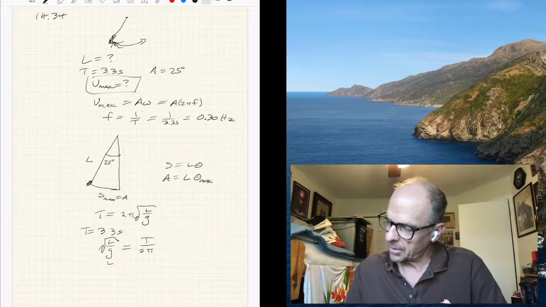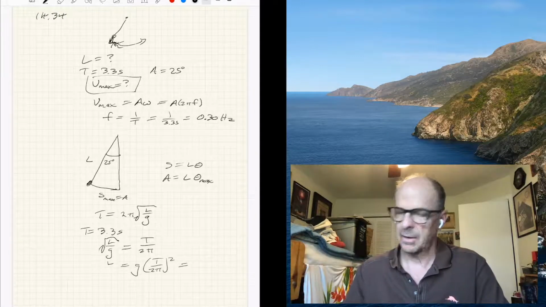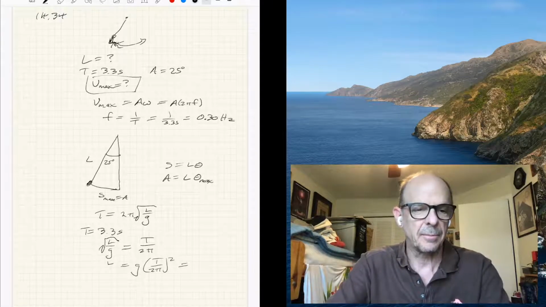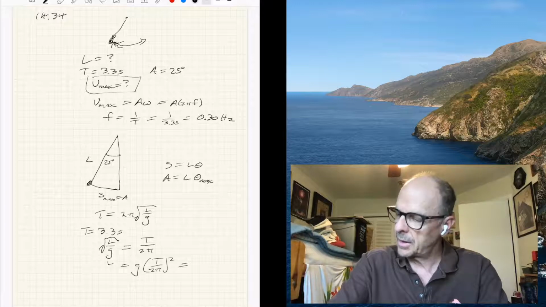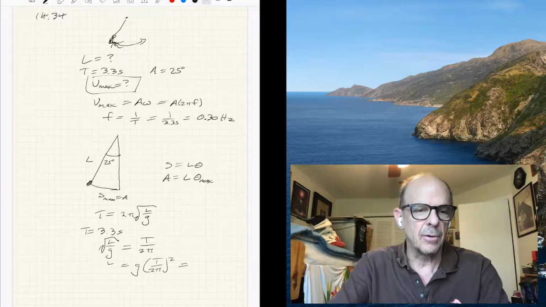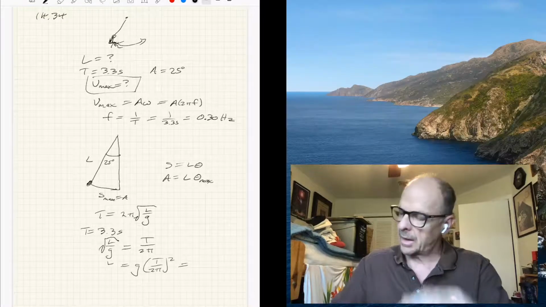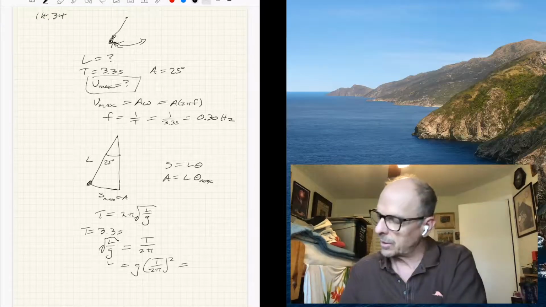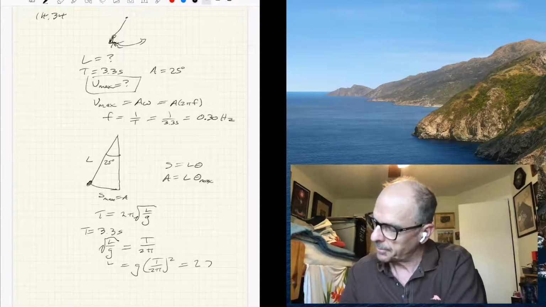That gives me L equals g times T over 2 pi squared. So I put my numbers in for that. 3.3 seconds, 9.8 for g times 3.3 over 2 pi squared, and I get that the length is 2.7 meters.